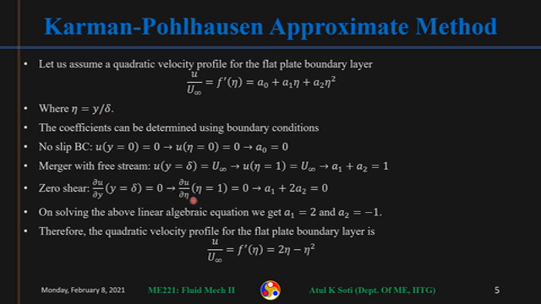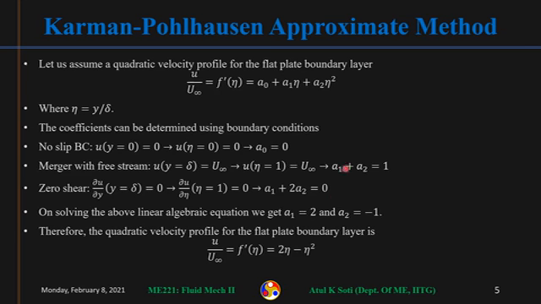So at eta is equal to 1, the gradient of velocity u with respect to eta should be 0. When you take the gradient of this, you will get a1 plus 2a2 into eta, and that should be equal to 0 at eta is equal to 1. So you'll get a1 plus 2a2 is equal to 0.